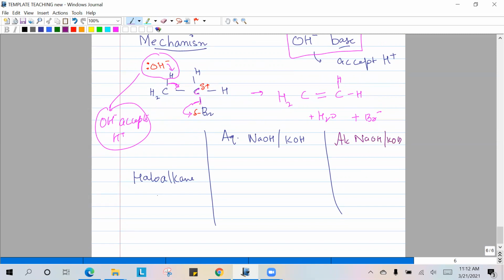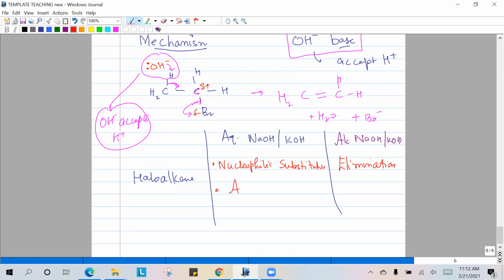Now, haloalkane, when it reacts with this, the first major difference between them is that this is a nucleophilic substitution reaction, while this is an elimination reaction.